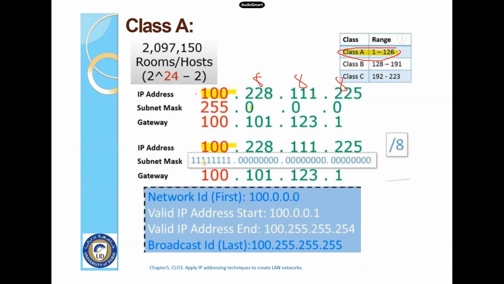So that's 24 bits, minus 2 for the network and the broadcast, and you get almost 2 million hosts. The network address is this one, and the broadcast is this one. The host can have any address in between.